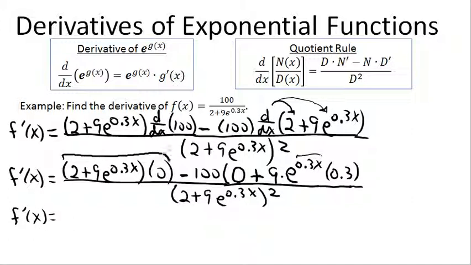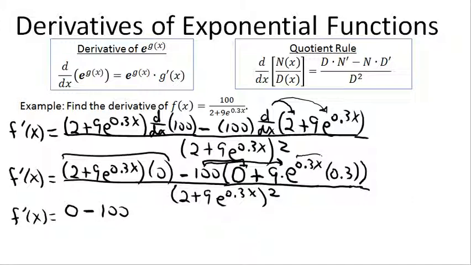When I multiply anything by 0, I just get 0, so that whole thing just goes to 0. But I have minus. Now the 100 has to multiply by the 0, but that's still 0, and it has to multiply by the second term. I left out a parenthesis here, let me put it back in. It might be easier if I just went ahead and dropped the 0 and took an extra step. I don't want to do too much in one step, and that's probably a lesson to be learned.